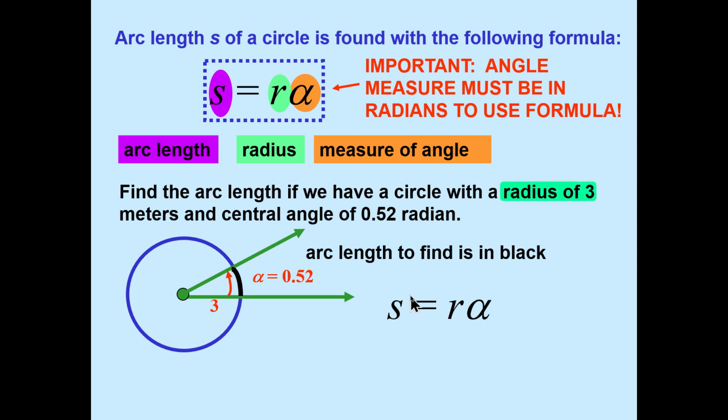So we have the radius of 3 and the measure of the central angle is 0.52 radians. You multiply these together, you get 1.56 meters, and that is the length of the arc.